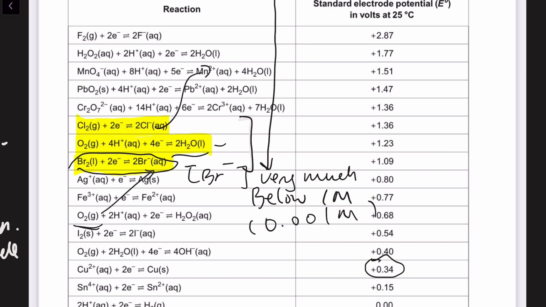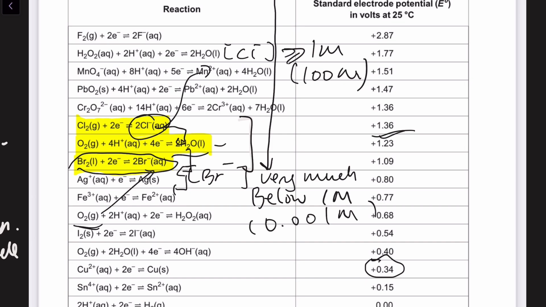Or if the concentration of chloride ion is much greater than 1 molar, maybe like 100 molar, then the chloride ion may preferentially react. So what I'm trying to say is, if something has very high concentration, it makes the reaction easier to do and effectively lowers the value of E naught, so it can move down the rank.